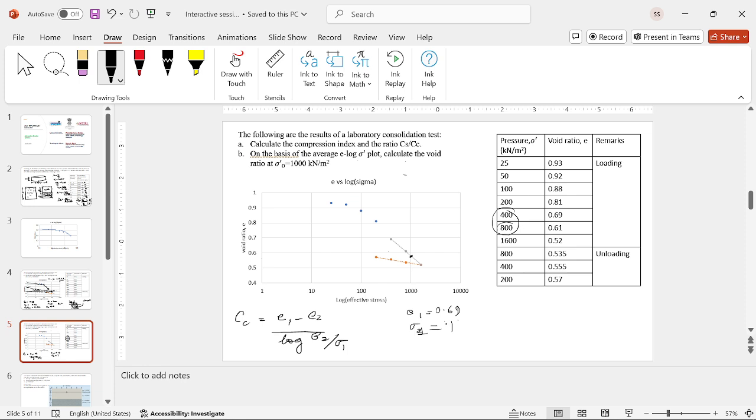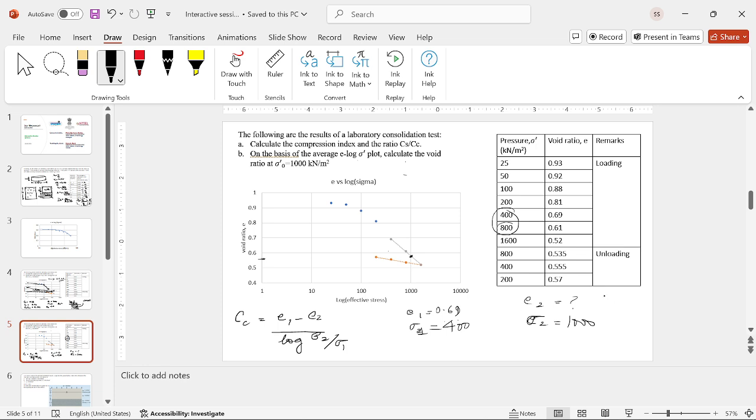Sigma 1 is 400, and let's take e2 as question mark and sigma 2 as 1000. Okay, we want to calculate it here on this line.